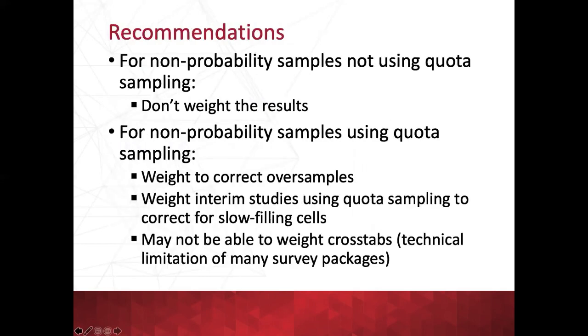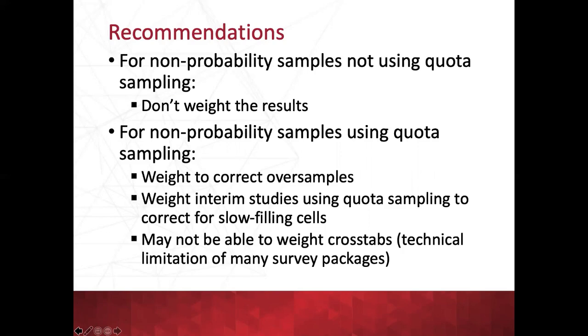So our recommendations are, if you have a non-probability sample and it's a true convenience sample, you weren't able to exercise any control over who took the survey, there's no quota sampling, then don't weight the results. You're not going to improve the quality. But if you did have some control over who took the survey, and you were using quota sampling, then definitely apply the weighting to correct.